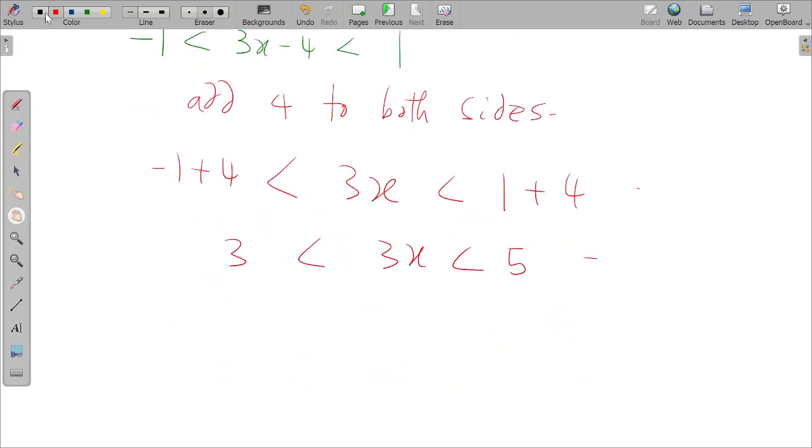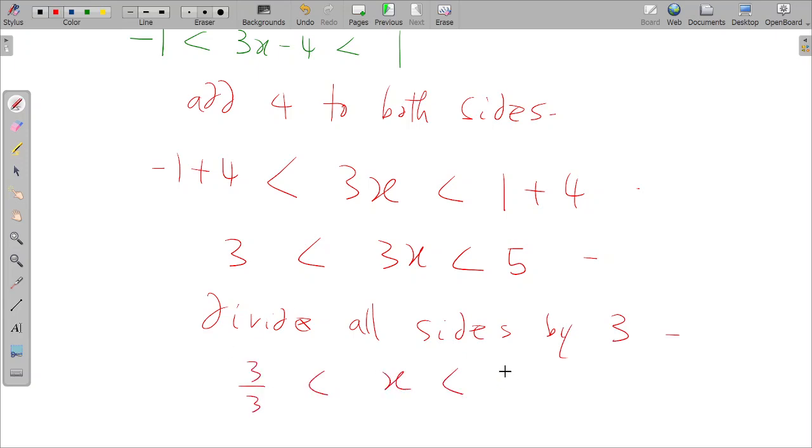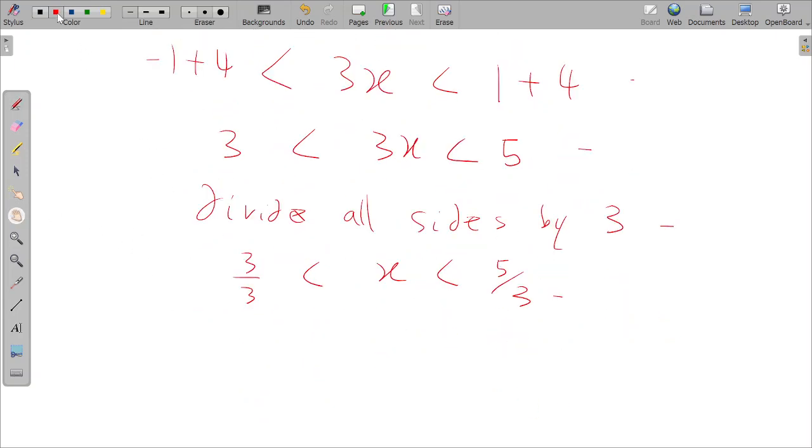What else do we need to do is to divide all sides by 3. This will give us 3 over 3 less than x less than 5 over 3, and then that will give us 1 less than x less than 5 over 3.